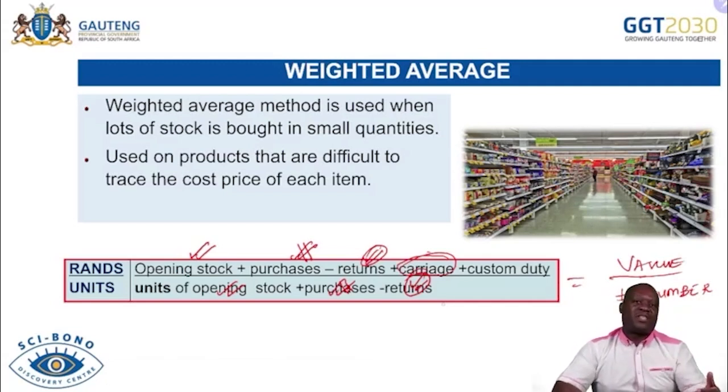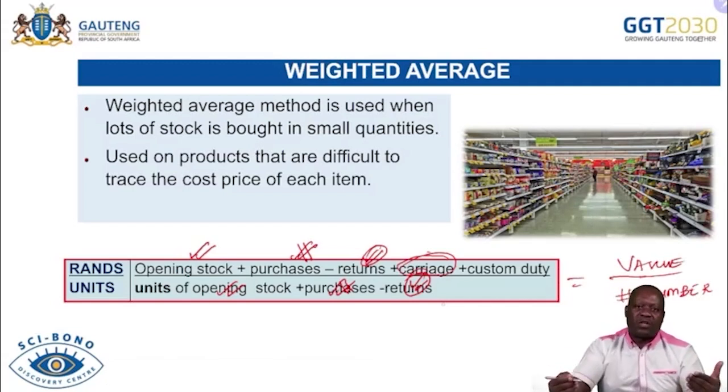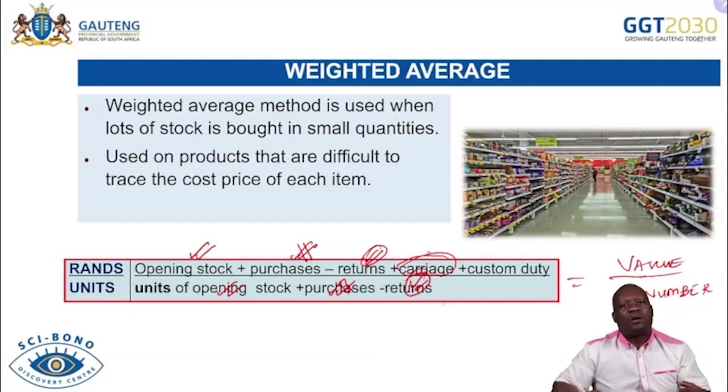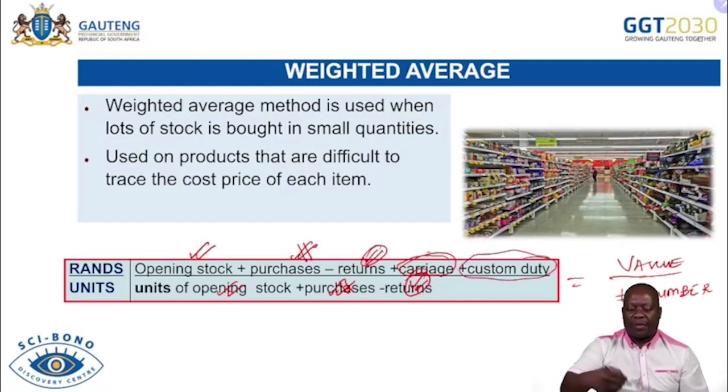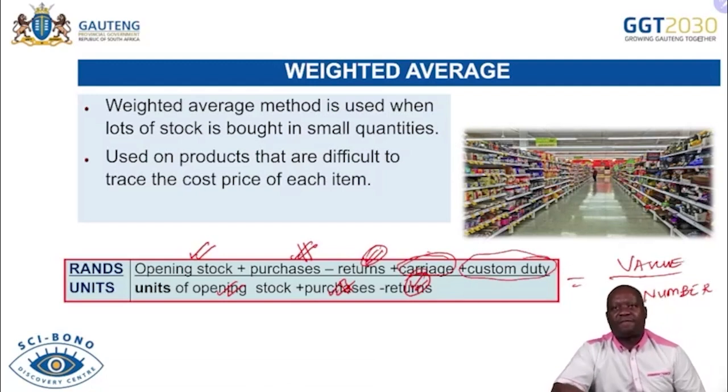The same applies with customs duty. Customs duty is paid when you are importing goods from another country, but when you pay customs duty, it doesn't mean the quantity of the goods purchased is going to increase. Only the value increases. So you will see the top part is affected by customs duty and carriage without affecting the bottom part.